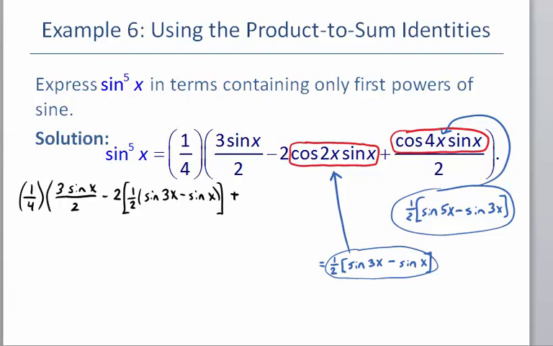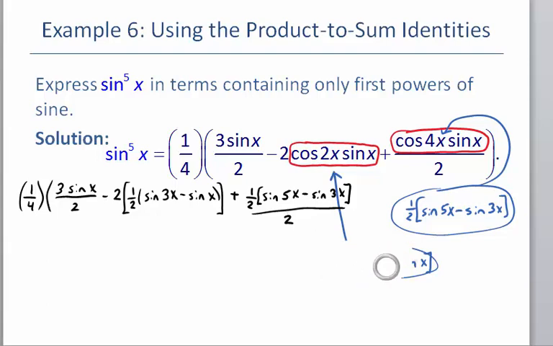Plus, we're going to substitute on top of this fraction and put that over 2. Okay, so once that's done, let's look at simplifying. So I'm going to clean this up just a little bit so we have some room to work.